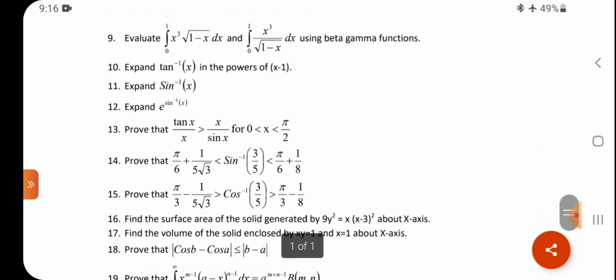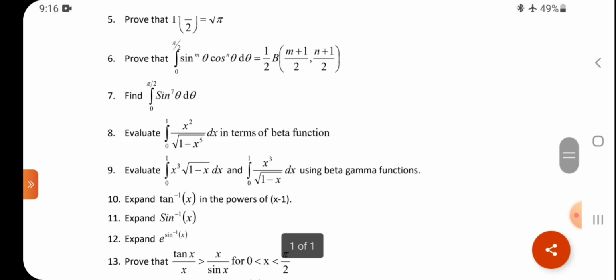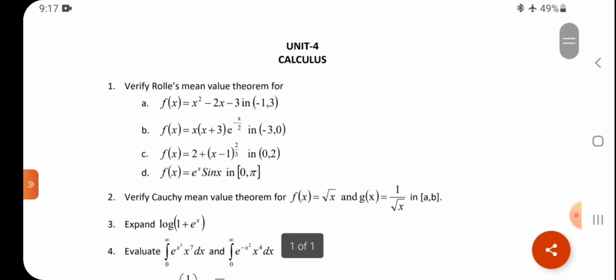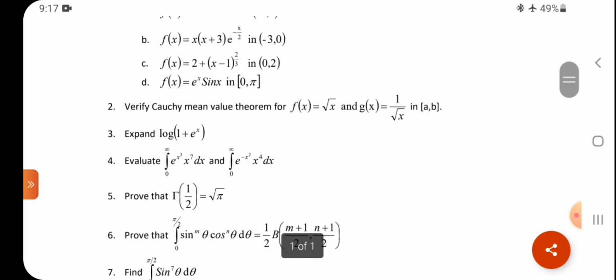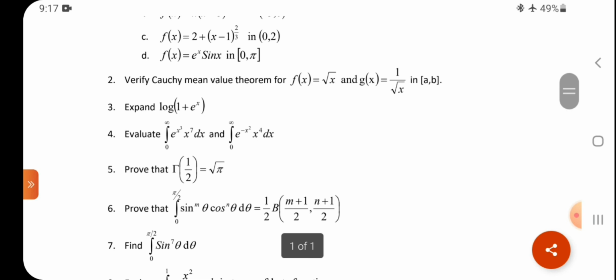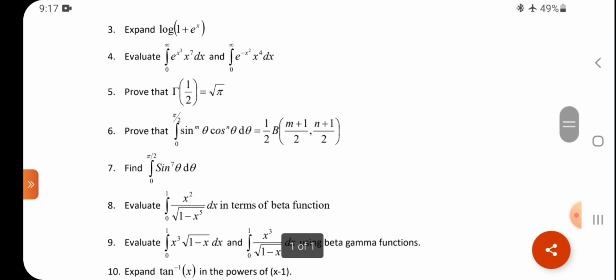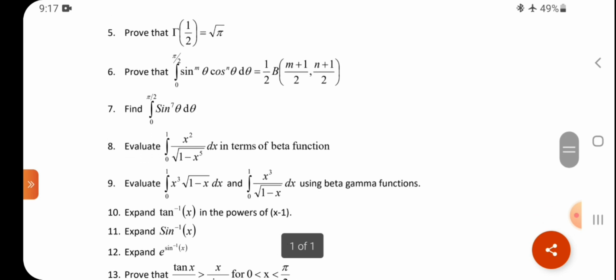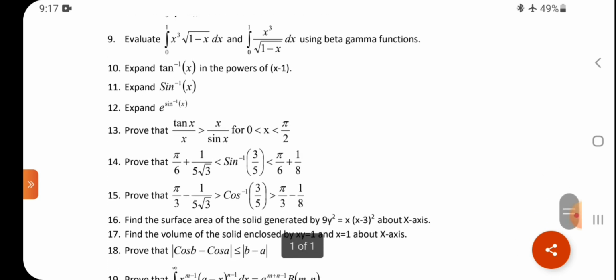Once again we will look at the complete problems here, or else I start with your first problem belonging to unit number 4. Practice is very important in order to do the problems. You need to have an idea on each and every topic so that you can easily find your respective problems.